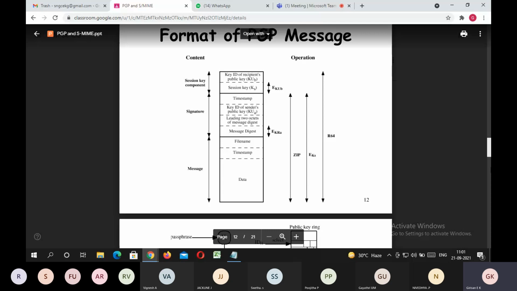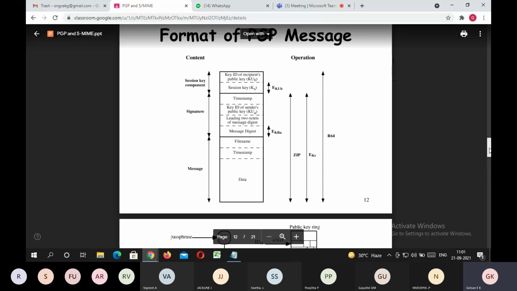For that we go for the Radix 64 conversion. The Radix 64 conversion makes use of all the components. The entire content will be converted into Radix 64. So this is how the operation of the PGP message takes place for an email message.